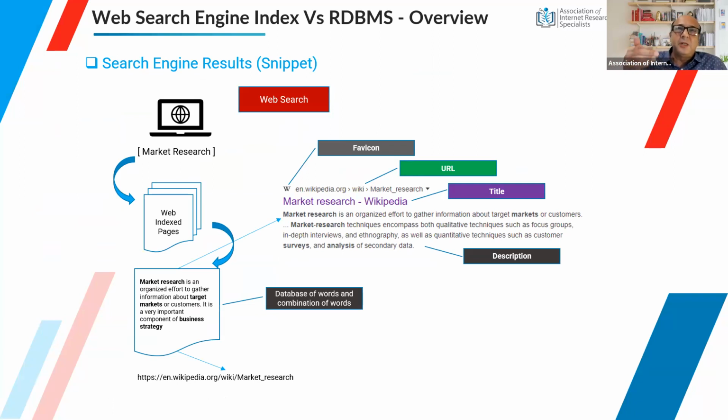SERPs are search engine result pages. And what you see as these different results displaying on the SERPs, individually, are called snippets. Each of those snippets has three elements, one of which we call the URL. This is what is showing right here.